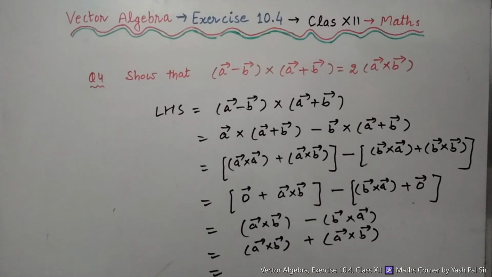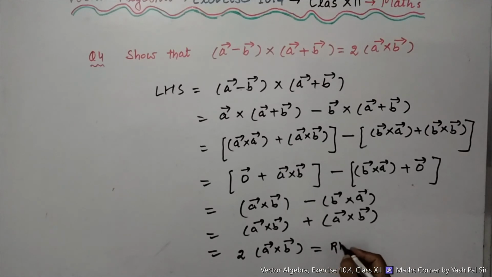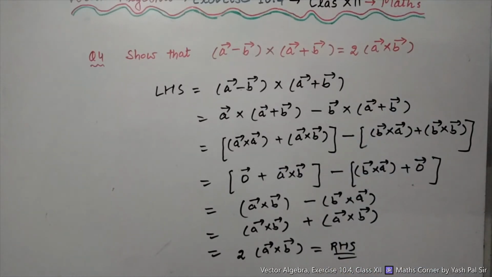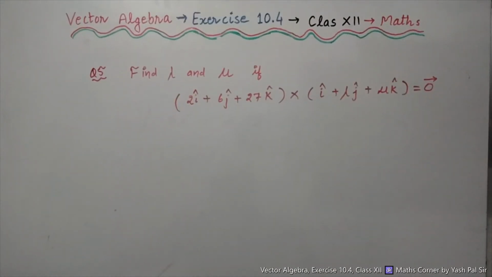This becomes A cross B. So this way we have 2 times A cross B. So this is what is the right hand side, 2 times A cross B.